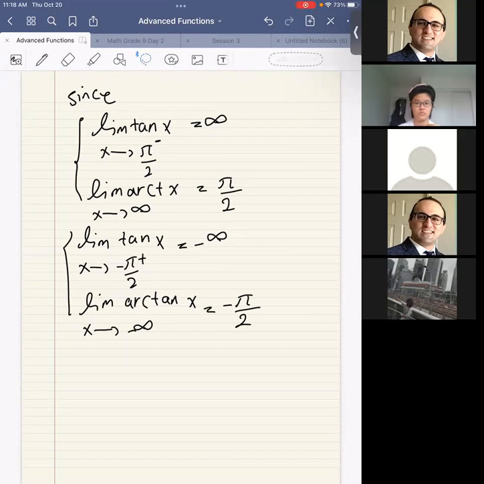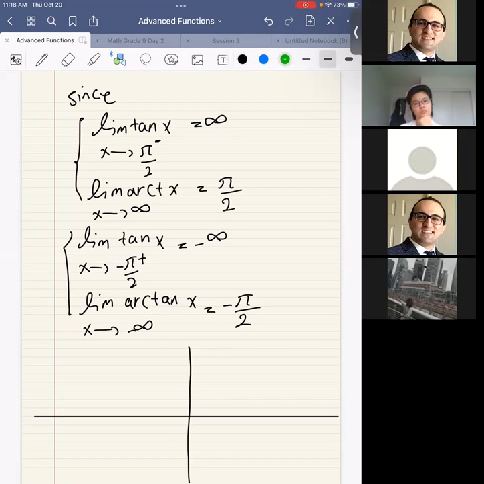And I can also finally draw the picture for arctan. So you remember tangent has two vertical asymptotes, right? But for arctan, you have two horizontal asymptotes. So the vertical asymptote is replaced with the horizontal asymptote. And you have horizontal asymptotes at y equal to pi half and y equal to negative pi half.